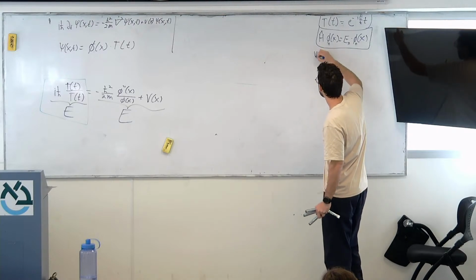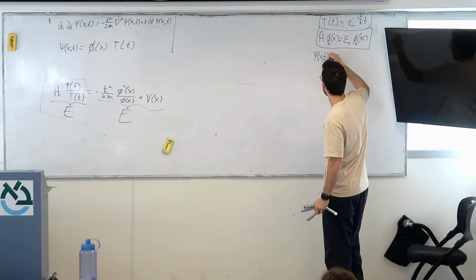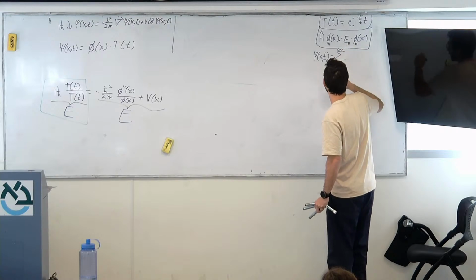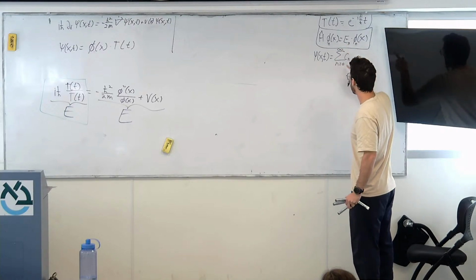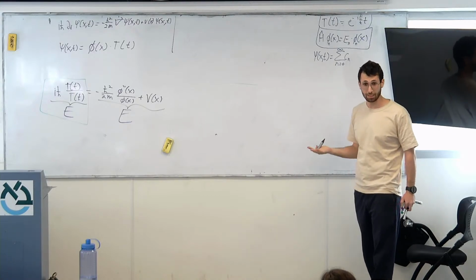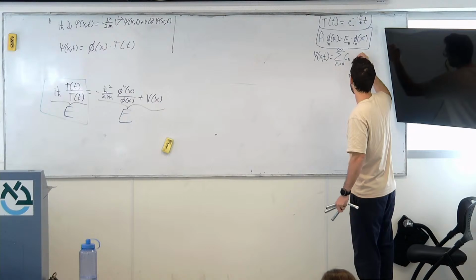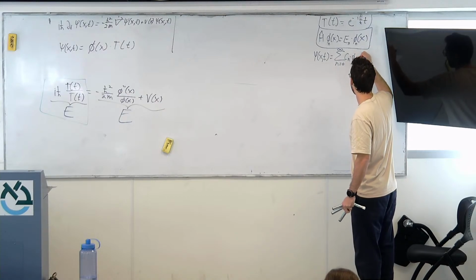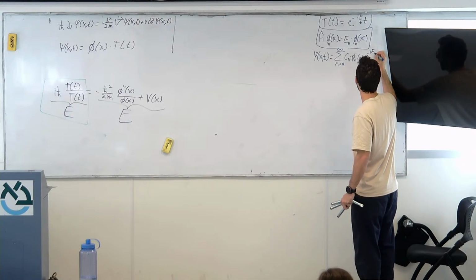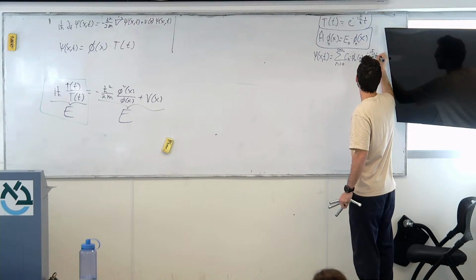So psi of x and t we will write as a summation over all the modes from 0 to infinity of some weight Cn, where Cn absolute value squared is the probability, times phi n of x times e to the minus i, and now I don't just write E, I write En over ħ t.